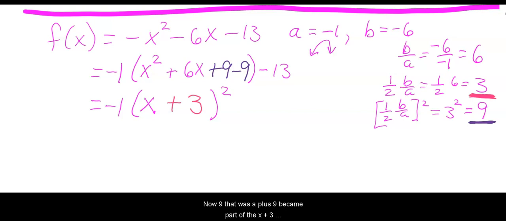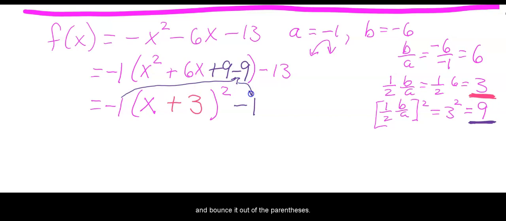Now, the 9 that was a plus 9 became part of the x plus 3 quantity squared, but the minus 9 did not. So in order to take care of it, I have to take the minus 1, multiply by the minus 9, and bounce it out of the parentheses. That's the distributive property.